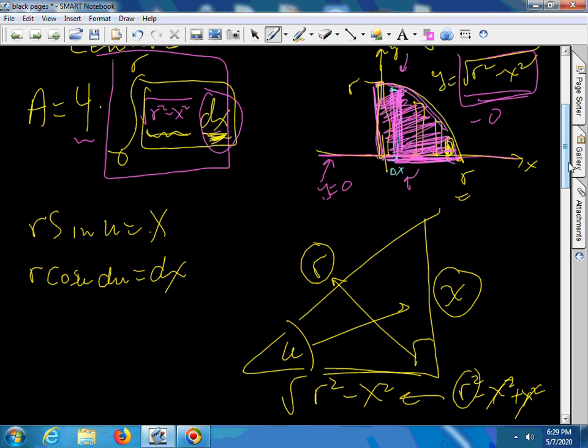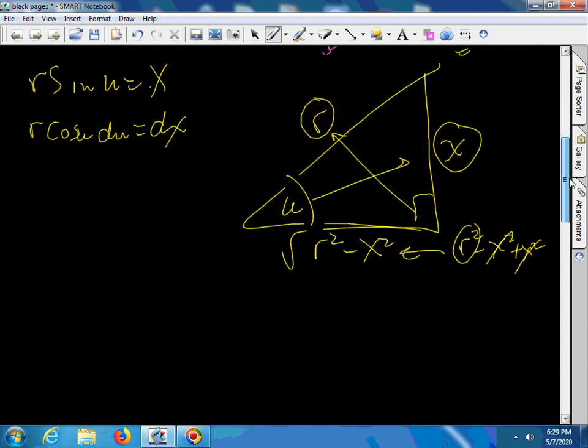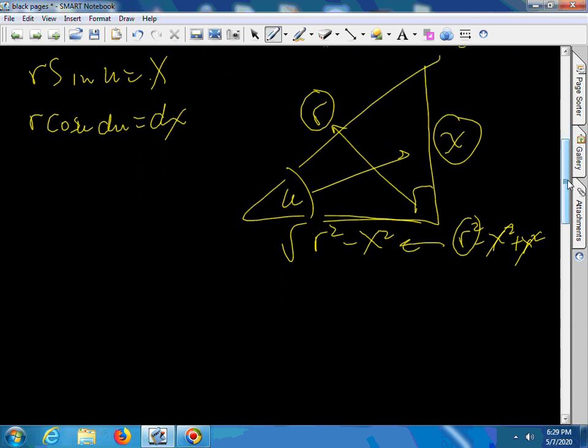Now, in terms of u, I need to find out what the square root of r squared minus x squared is in terms of u. So I come back to my triangle and I see, well, that's what I want. I like to divide it by something that doesn't have x's. Oh, let me divide it by r. And I say, well, let's think. That's with respect to u, that's the adjacent, and that's the hypotenuse.